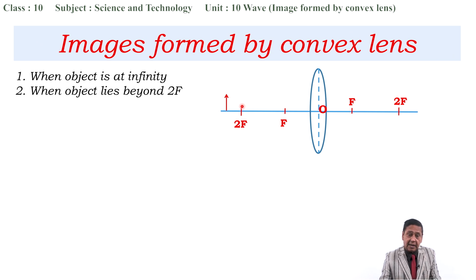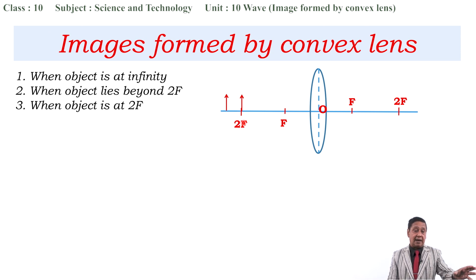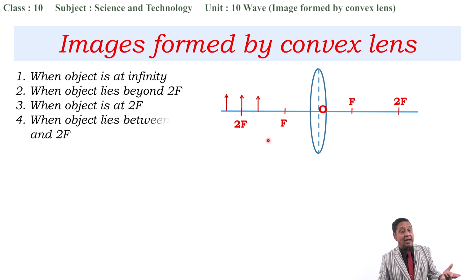And if the same object is taken to 2F at this position, then we'll make another ray diagram, and its heading will be when object is at 2F. What type of image the convex lens forms, we'll draw that. And when it is taken a little more closer, somewhere in between F and 2F here, then we'll make another ray diagram, and the heading will be when object lies between F and 2F.